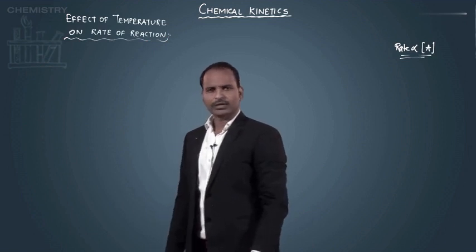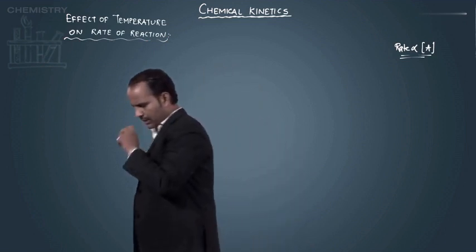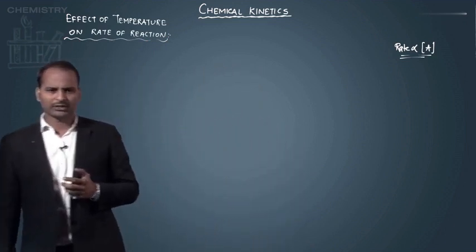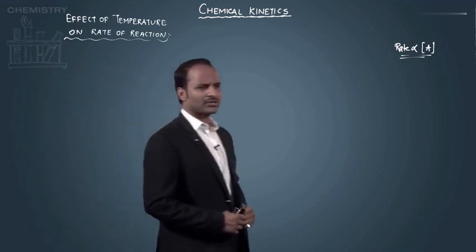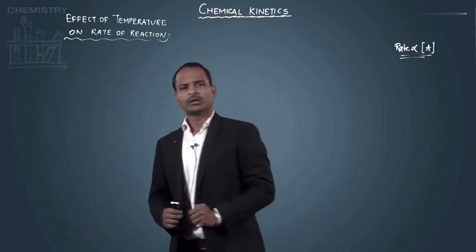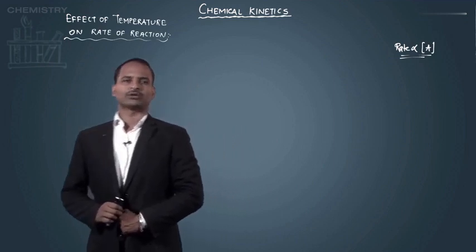Now if I'm talking about how temperature affects the rate of reaction, whether it will increase or decrease the rate totally depends upon whether the reaction is exothermic or endothermic.